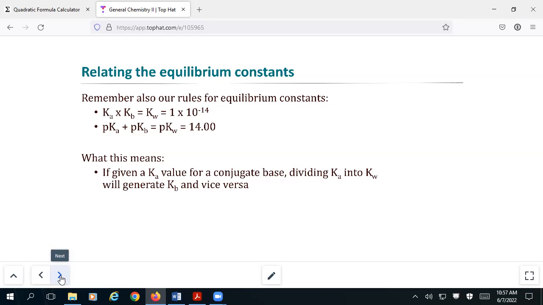Instead of something times 10 to the negative 11th, I can say, okay, well, the pKa is 10.85. So what this tells us is that there is a relationship between the Ka and the Kb for a conjugate pair. And all I need to know is that they're both related to this Kw, just like pH and pOH were, just like hydronium and hydroxide were.